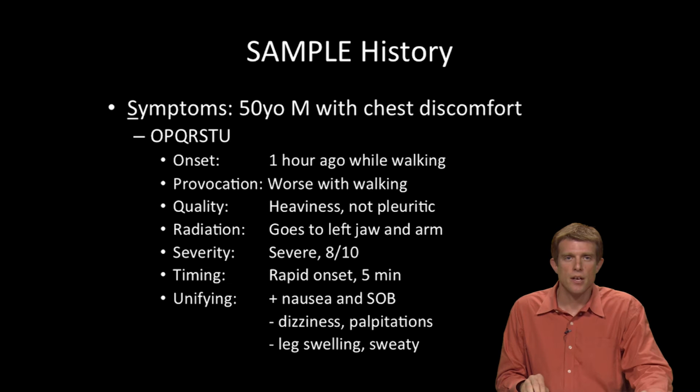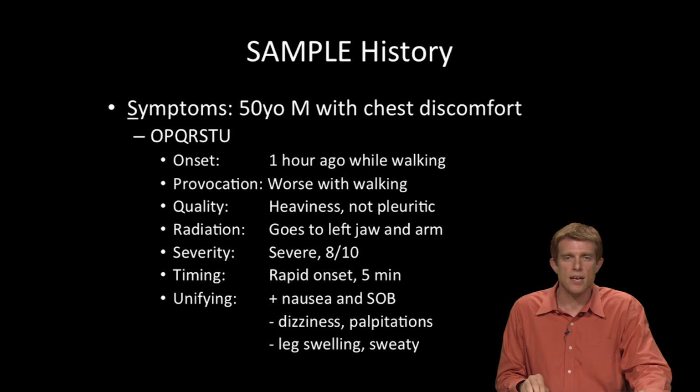We then continue on with our sample history and talking about the symptoms that this patient has. The patient's onset of symptoms was about an hour ago while he was walking, and he describes the discomfort as heaviness or tightness and states that it is not pleuritic, so not worse when he takes a deep breath.